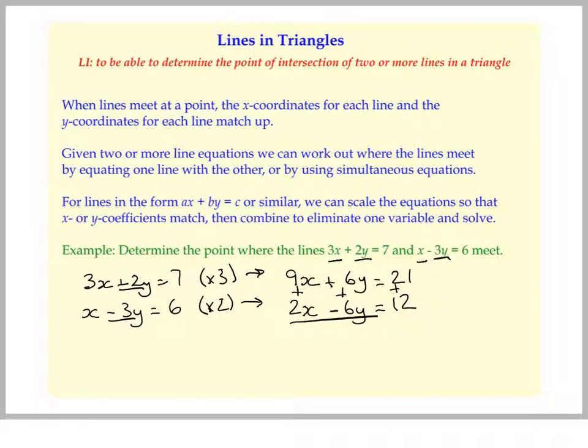That gives me 11x equals 33. So solving that, you get x equals 3. Substituting back into one of these equations, it doesn't matter, first one, 3x plus 2y equals 7.